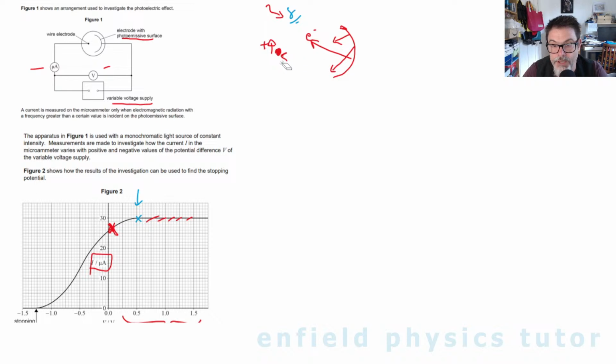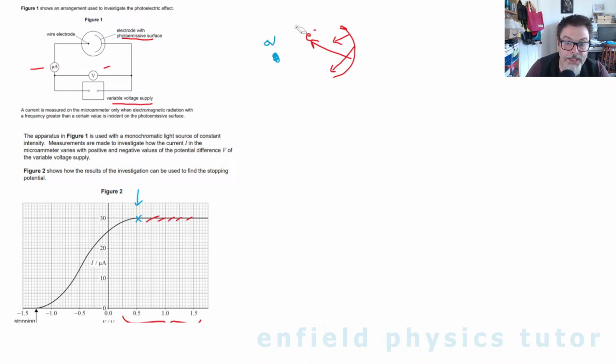So what happens at the other side of things then? Let's redraw this diagram. Let's go back to having 0 volts here. So we're getting around about 26 microamps. So a small current, as I said, arriving at the plate there, which implies that quite a lot of electrons are missing the plate.